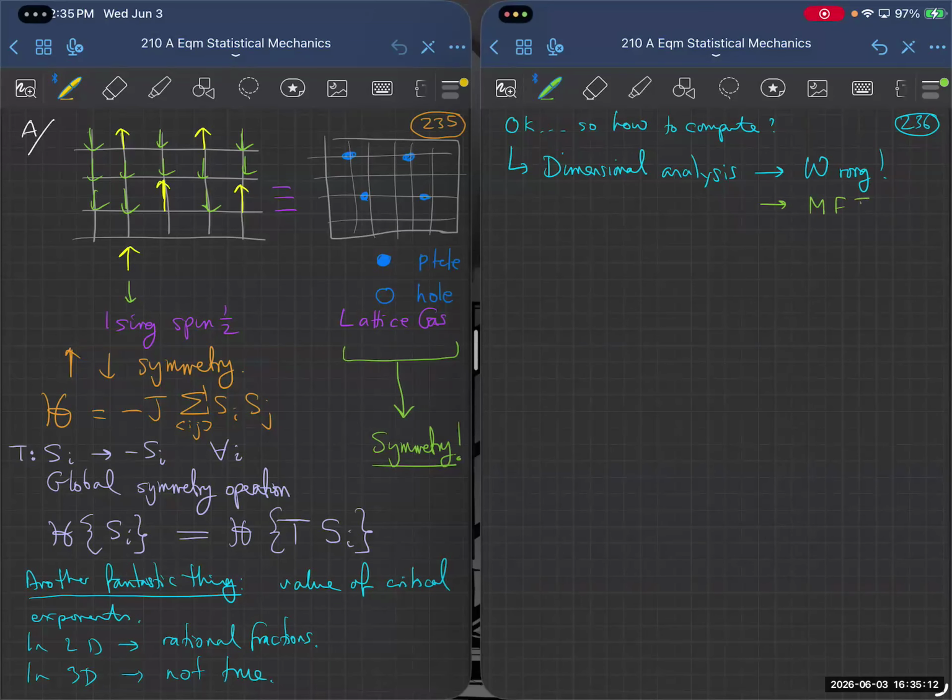So people started to wonder, how the heck can this work? How can there be critical exponents that are not the ones we get from mean field theory? So the answer is yes. It seems as if dimensional analysis breaks down at the critical point, or in the vicinity of the critical point.